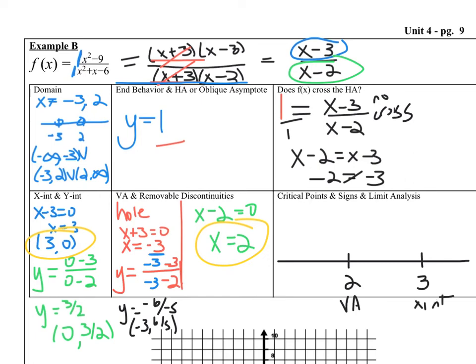That just helps me when I'm graphing. Let's put our factors. I only have 2 factors, x minus 3 and x minus 2. So if I look at x minus 3, that critical value is at 3. Everything left is negative, right is positive. Critical value for x minus 2 is positive 2. Left is negative, right is positive.